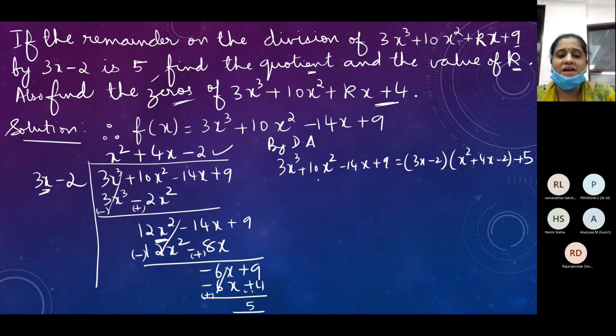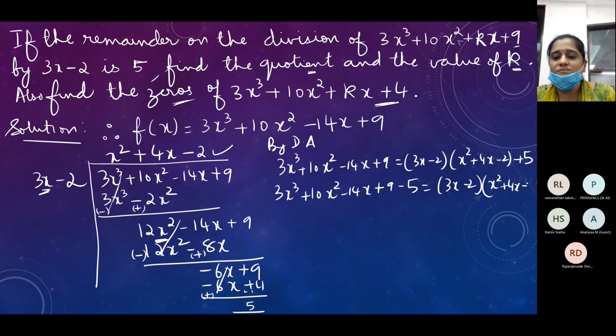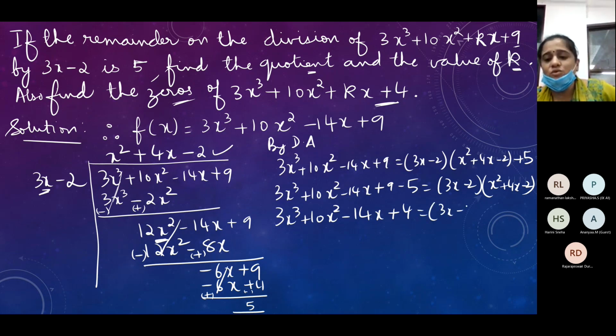So now transpose the remainder. 3x cubed plus 10x squared minus 14x plus 9 minus 5 is equal to 3x minus 2 into x squared plus 4x minus 2, right? So now you get 3x cubed plus 10x squared minus 14x plus 4 is equal to 3x minus 2 into the quotient. We have to find the zeros. So split the middle term. If it's not possible, use the quadratic formula.